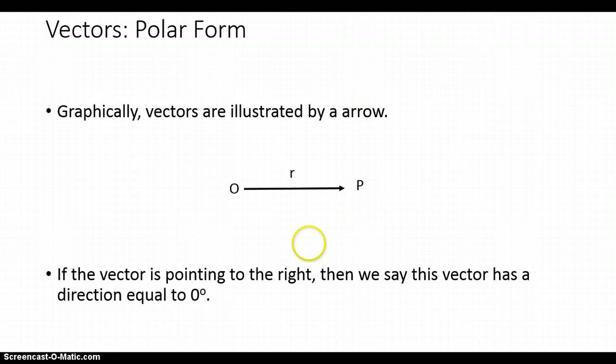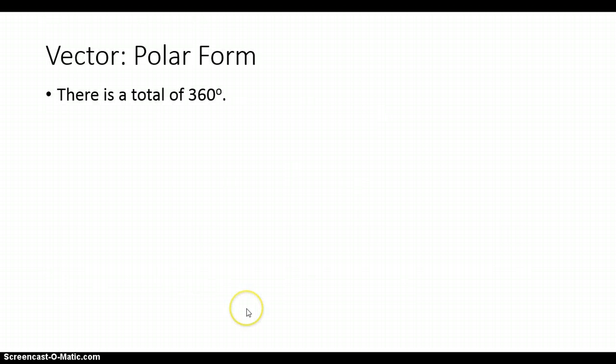Okay? If the vector points directly to the right, then we say this vector has a direction equal to 0 degrees. What if we had the vector pointing in different directions?